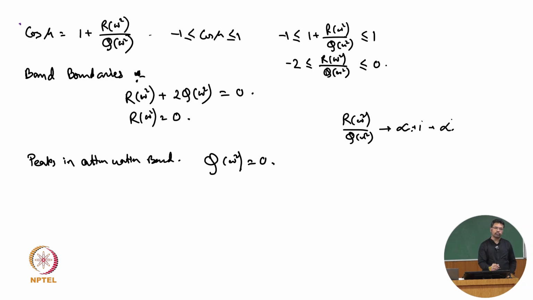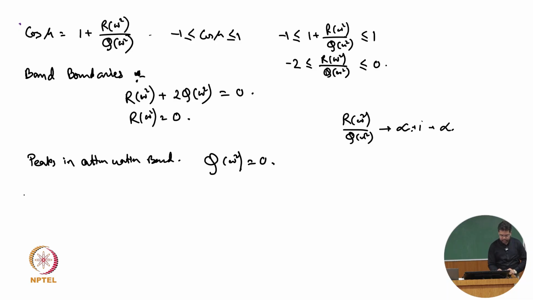So your cos mu is always going out of the range from -1 to +1. So you will definitely get an attenuation band in that region, and q of omega square equal to 0 gives you the peaks in the attenuation band, if that exists.